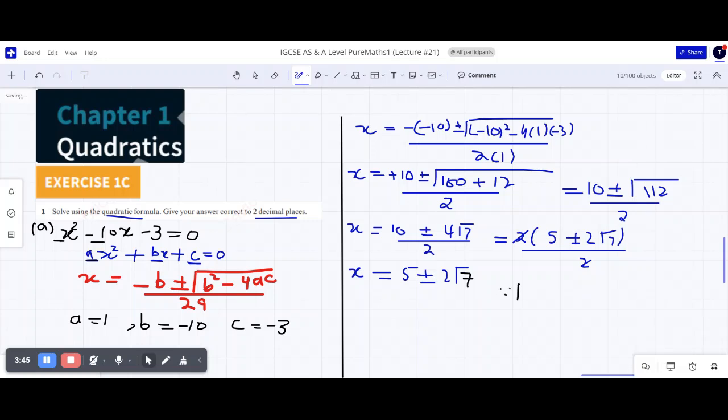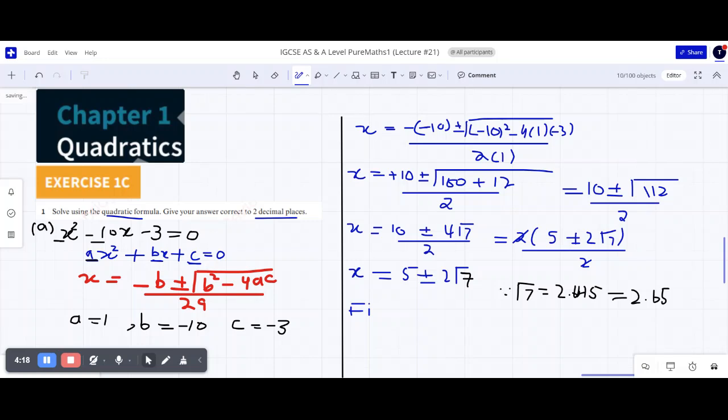As we know, root 7 equals 2.645. After rounding, it would be 2.65. So now we have two solutions. One time we will write with plus, the second time with minus.